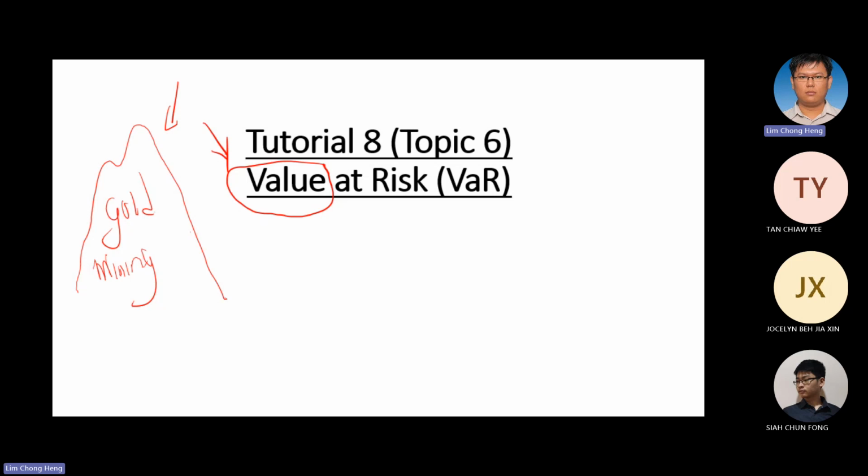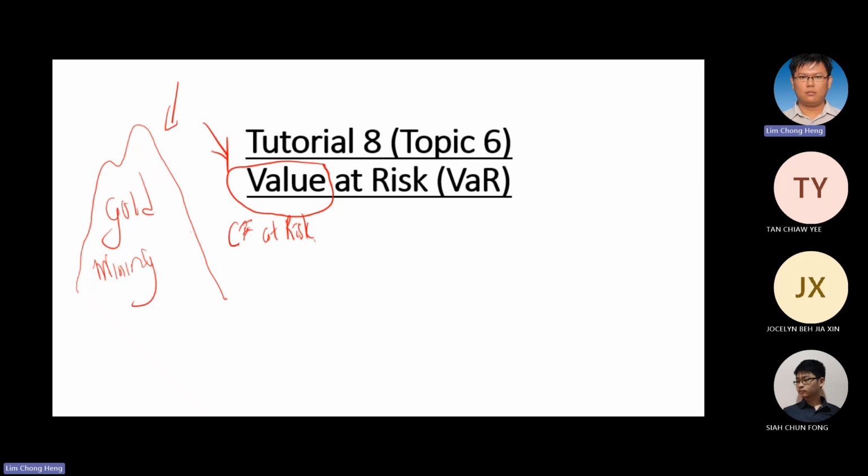If this kind of company still wants to measure the risk, what is the alternative you can provide? You can recommend them cash flow at risk, because every day the mining activity generates cash flow for you. Then you can know the cash flow at risk for this company. Or you can also use price at risk to analyze the gold price.